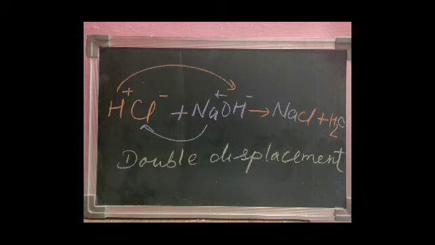Hydrogen and sodium displace each other, and this is which type of chemical reaction? Yes, it's a double displacement. With this double displacement, they form the neutral products NaCl and H2O.